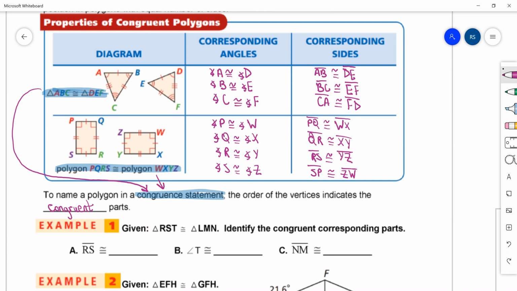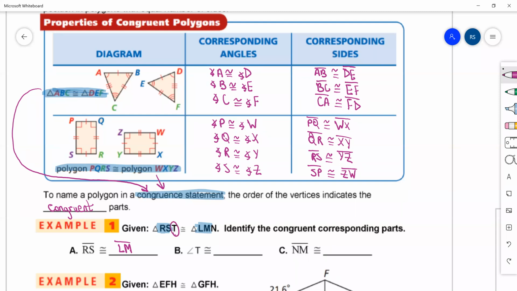Okay, so they give us this statement. Triangle RST is congruent to triangle LMN. And then they ask us to identify the corresponding parts. Well, RS. So here's RS in this one. What two letters have to go with RS? LM. So that's what I would write there. Segment RS is congruent to LM.